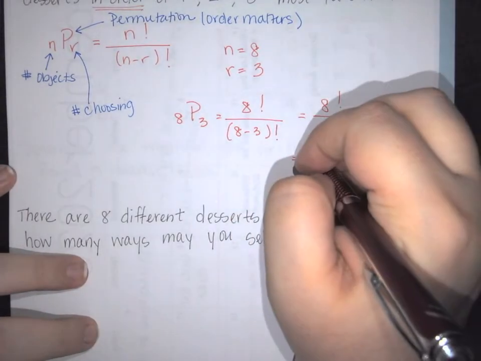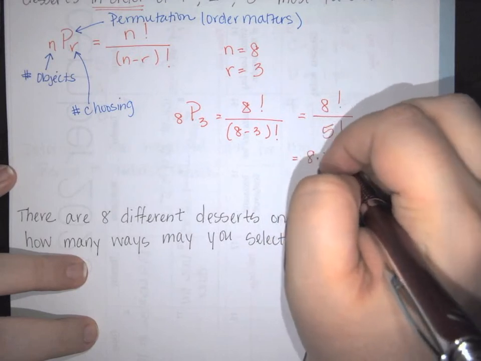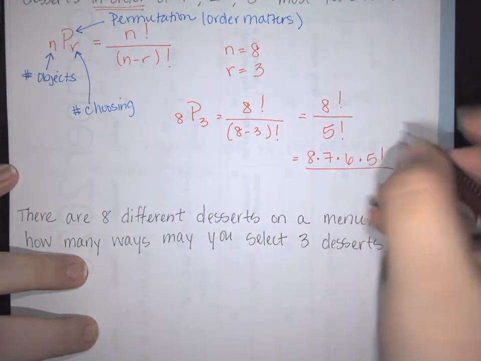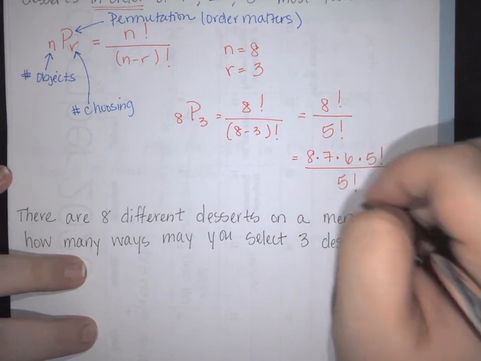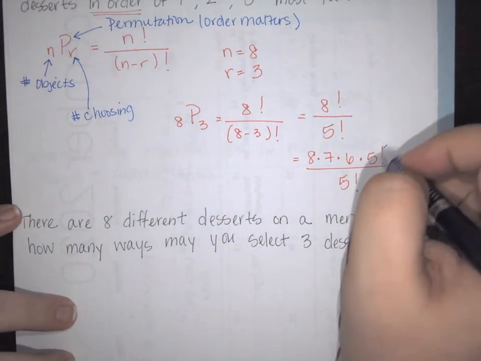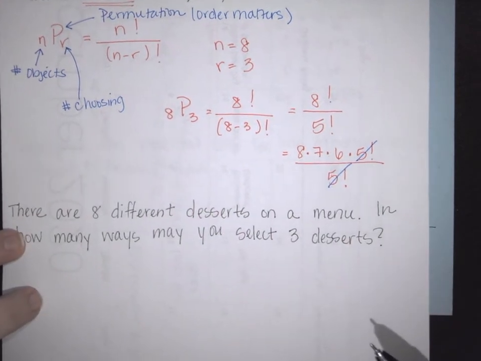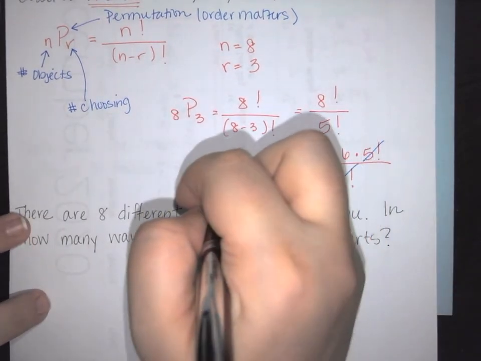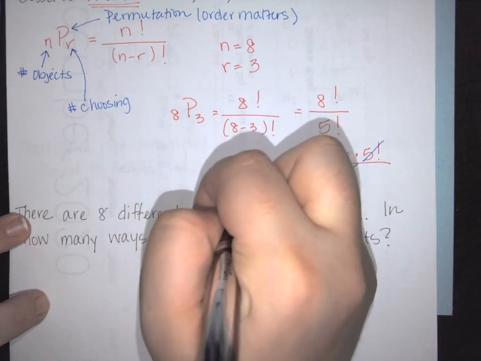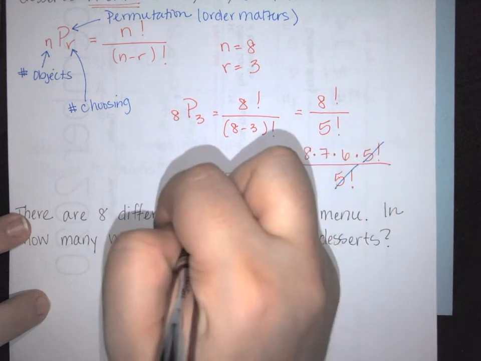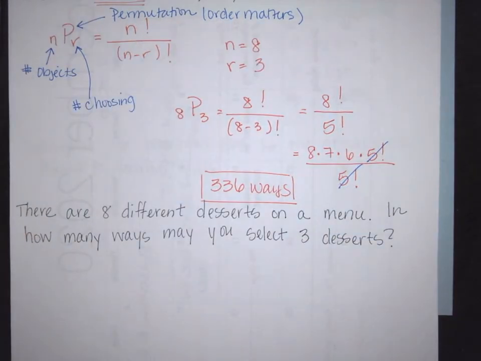So 8 factorial is going to be 8 times 7 times 6 times 5 factorial all over 5 factorial. In this case, the 5 factorials would cancel, and then 8 times 7 times 6 is going to give me 336 ways. And so this is how many ways that I could choose my 3 favorites out of my desserts.